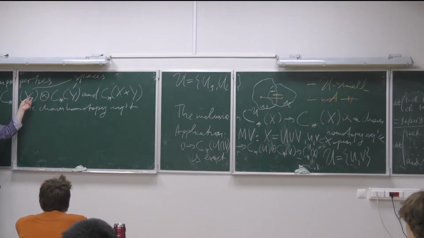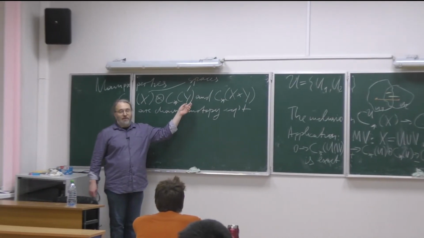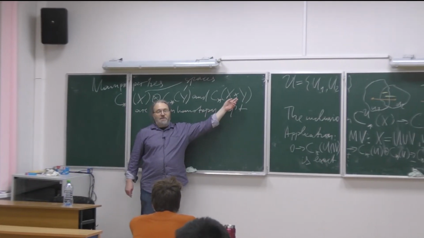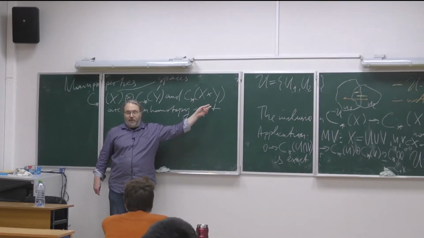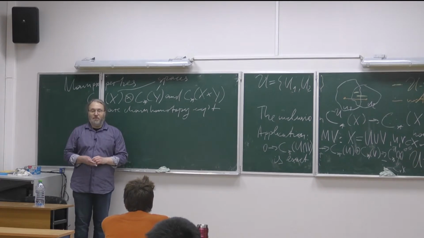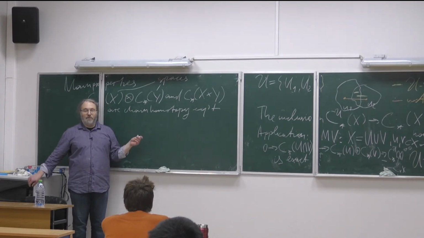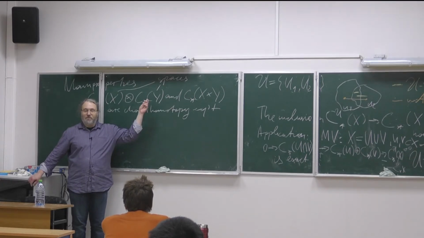Well, first of all, we do understand C lower star of X and C lower star of Y. Same for C lower star of X cross Y. But what is the tensor product of two complexes? Does everyone know what I'm talking about?